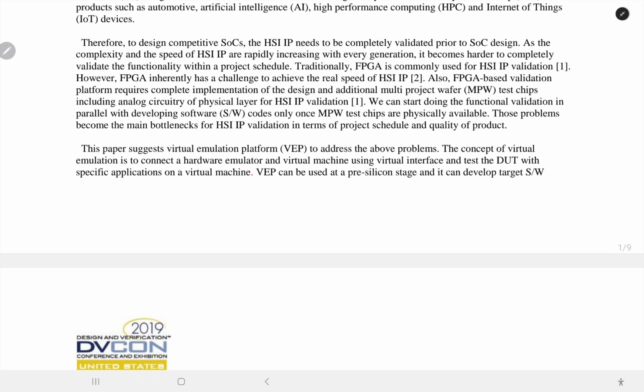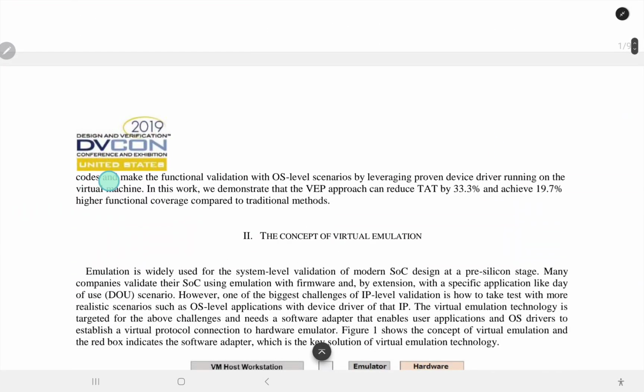The concept of virtual emulation is to connect a hardware emulator and the virtual machine using virtual interface and test the DUT with the specific application on a virtual machine. VEP can be used at a pre-silicon stage, and it can develop target software code and make the functional validation with the OS level scenarios by leveraging proven device driver running on the virtual machine.